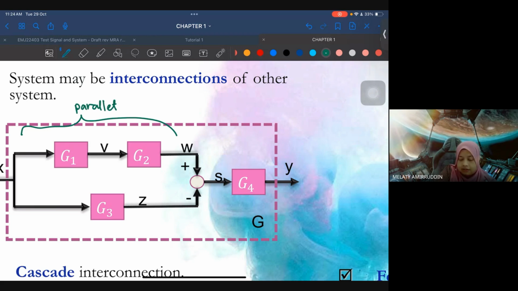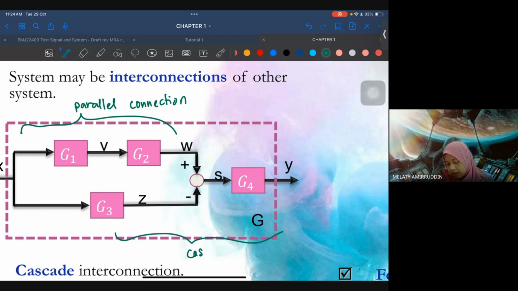Parallel and cascade connection. This is the cascade connection.